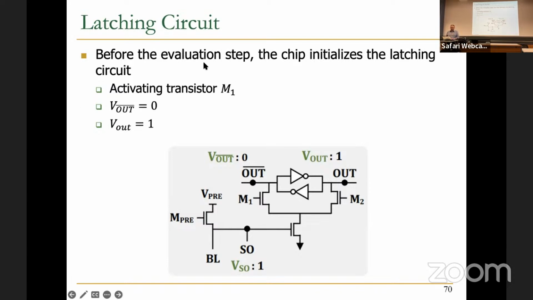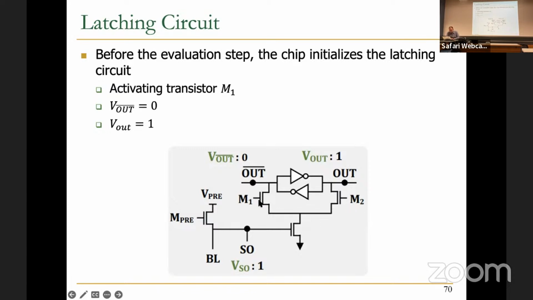So when you want to initialize, the pre-charge mode, you activate this transistor and you charge this SO to 1, essentially. So now you have high voltage here. When you have high voltage here, this transistor is also on, right? So now you have a connection to the ground. And for these 2 transistors, M1 and M2, you basically activate only transistor M1, and M2 is off.